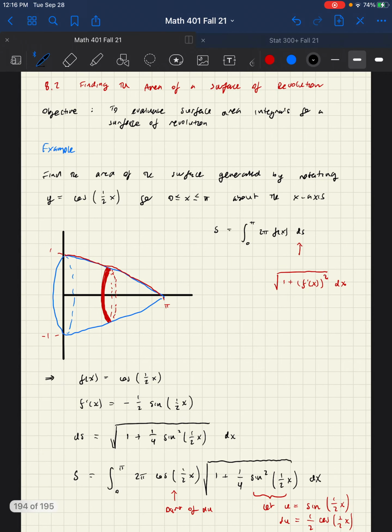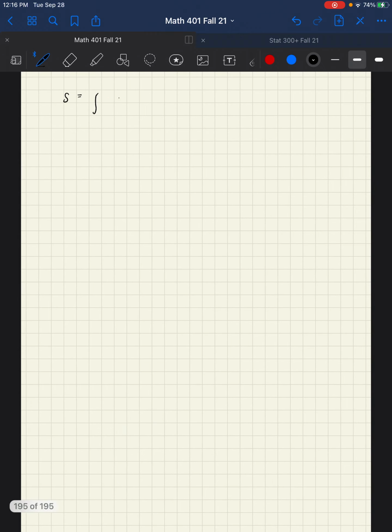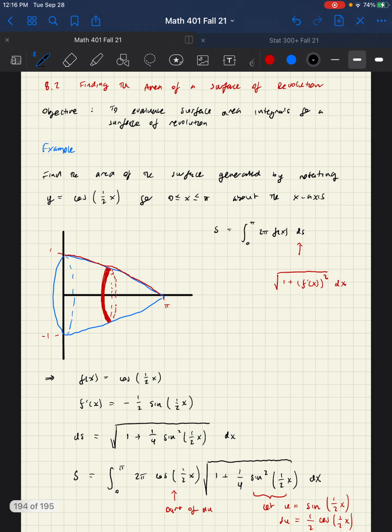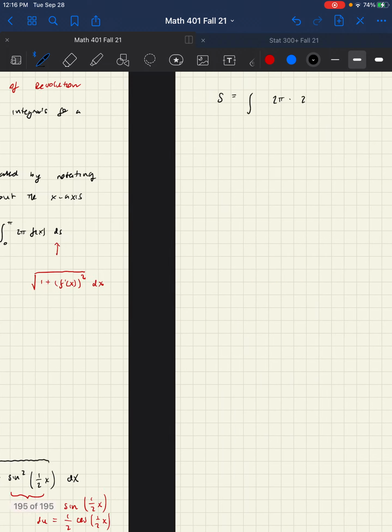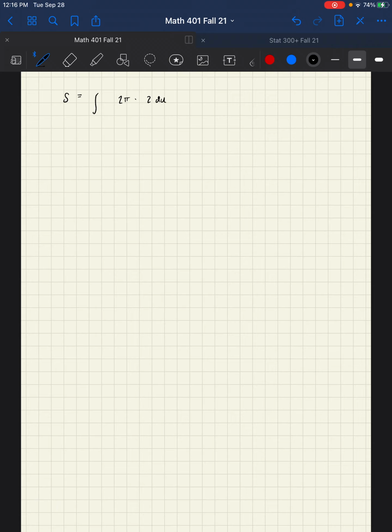So we're going to perform that substitution first. So s equals the integral from, I'm going to put in those limits of integration in a second, for now, I have 2 pi times 2, and I'm putting a 2 because that's part of the du.